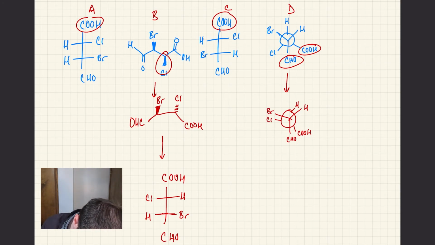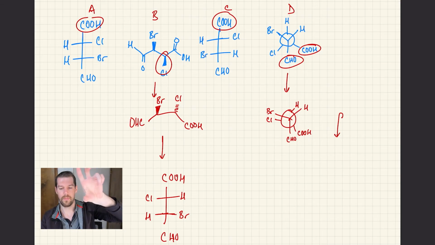Now, what I'm going to do is flip this down, as if that's the right way to say that. I'm going to bring the bottom up like that. So the COOH in the back, I'm going to bring that to the top.